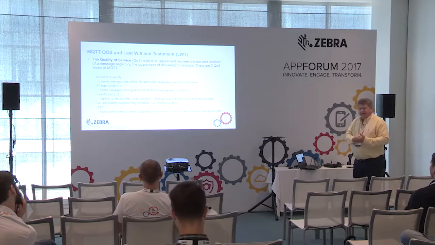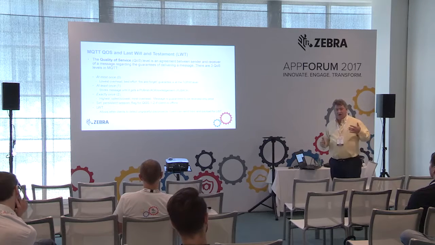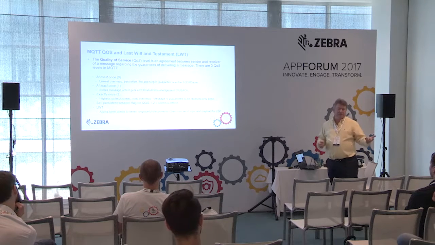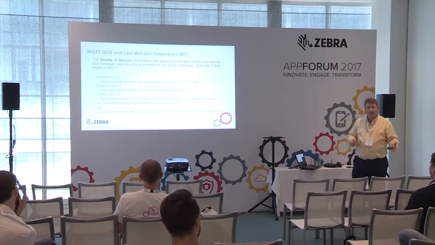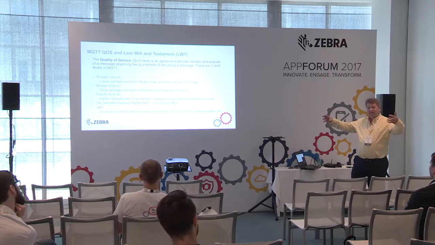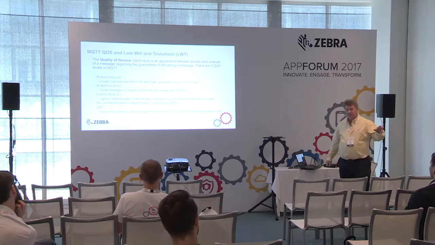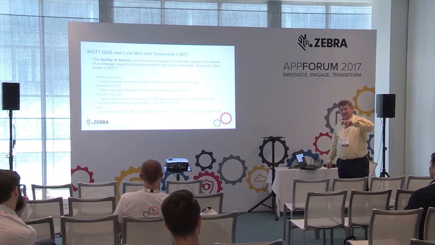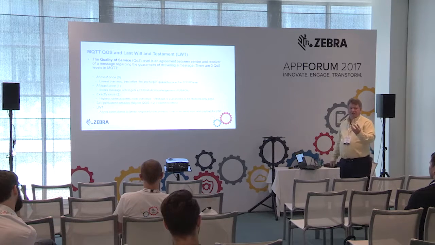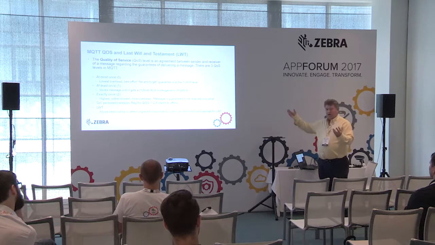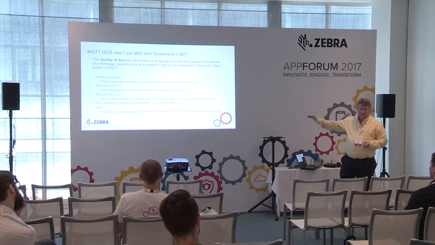But say you've got a sensor which only updates once a day. When that client connects, it will get the last data from that sensor automatically, without the sensor having to do anything. The sensor has published its message with a persistence flag set, that's stored on the server, and when a new client connects in, it will get that last payload because of the persistence flag.